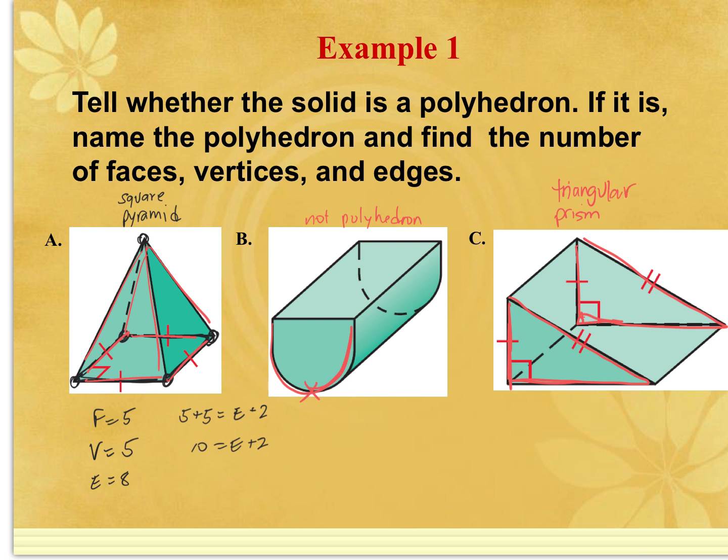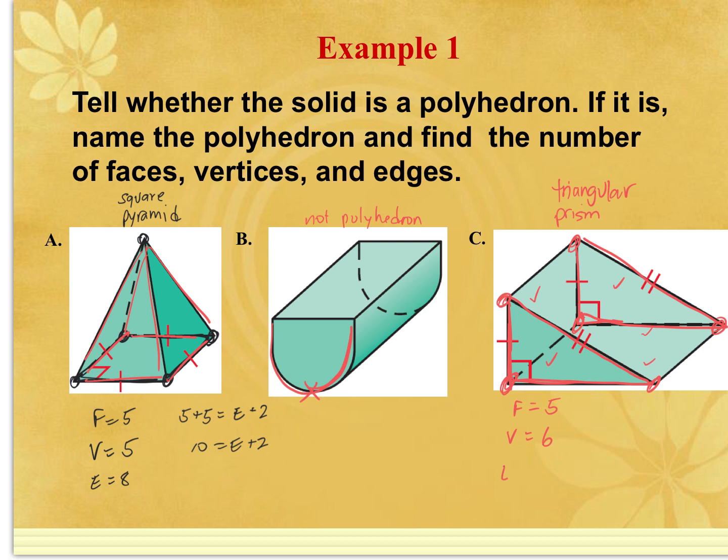When I start answering the questions with faces, I know that I've got the front triangle and the back triangle. And there are 3 sides to that base, so there are going to be 3 more faces: the back face, the front face, and the bottom face. So I'm going to have a total of 5 faces. On vertices, I notice 1, 2, and 3, and then 1, 2, and 3, so that's 6.